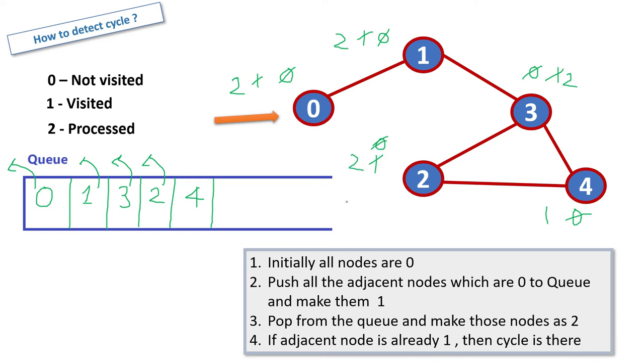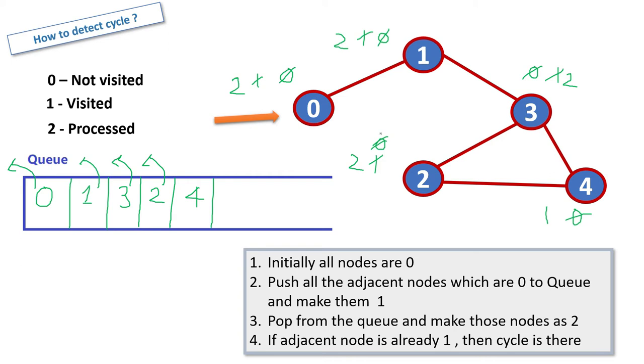For 2, I will check what adjacent nodes are present. For 2 the adjacent nodes are 3 and 4. Whenever we are checking adjacent nodes, we check if they are not visited, and only then we take them. Earlier, for 1 also, when we picked the adjacent nodes, we checked whether the node is 0 or not.